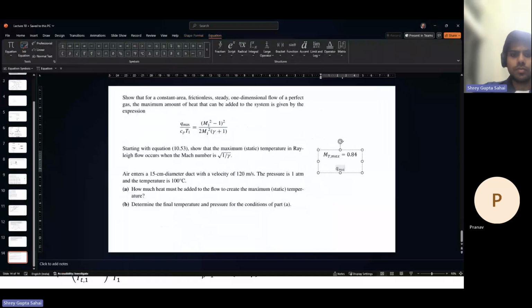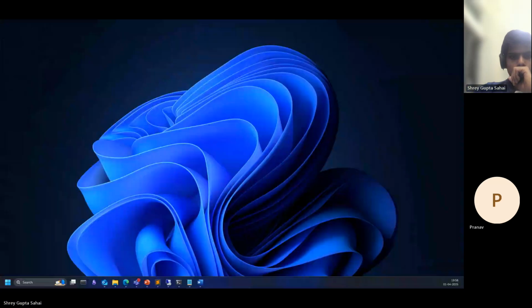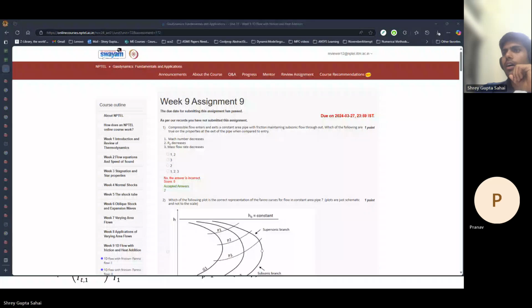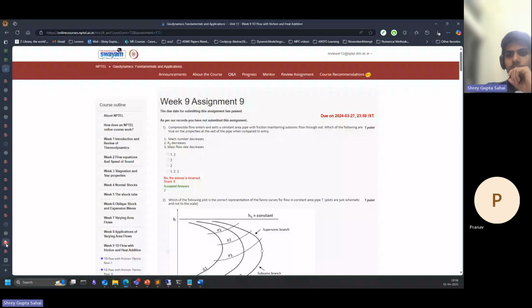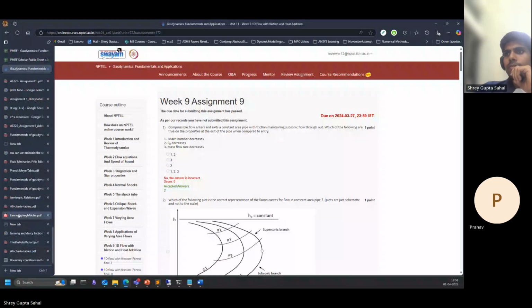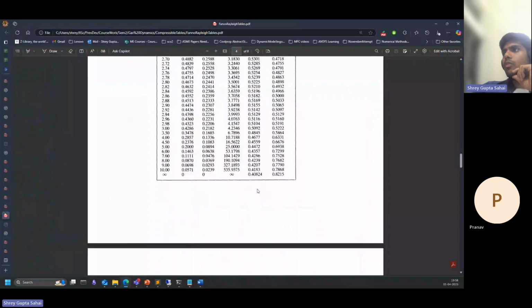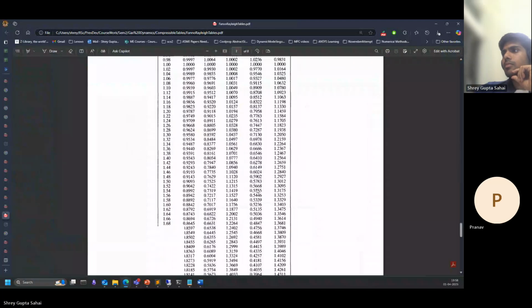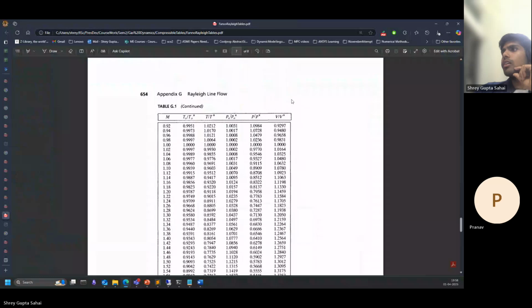And again, we will use this Q max quantity, Rayleigh flows. So this table, in this Rayleigh flow, we are going to see what is T by T star for different Mach numbers.